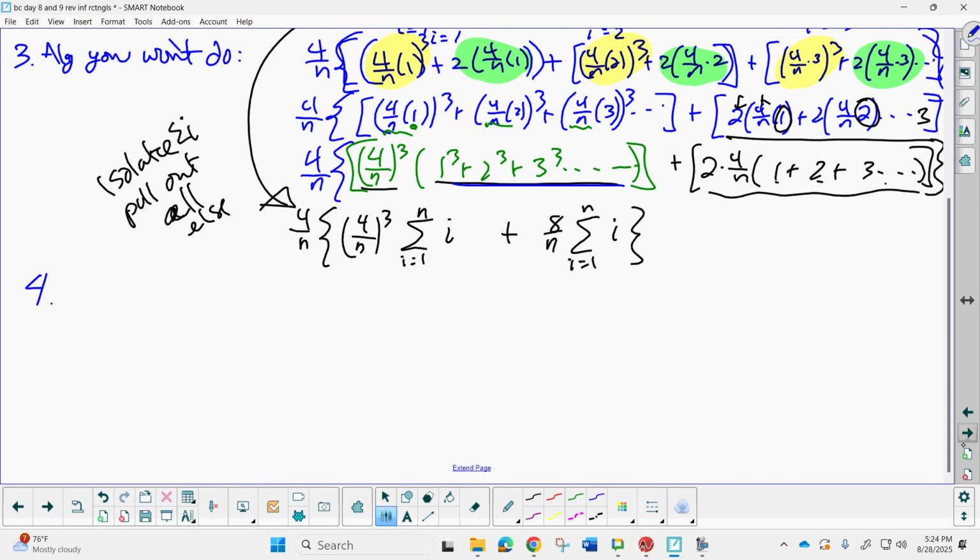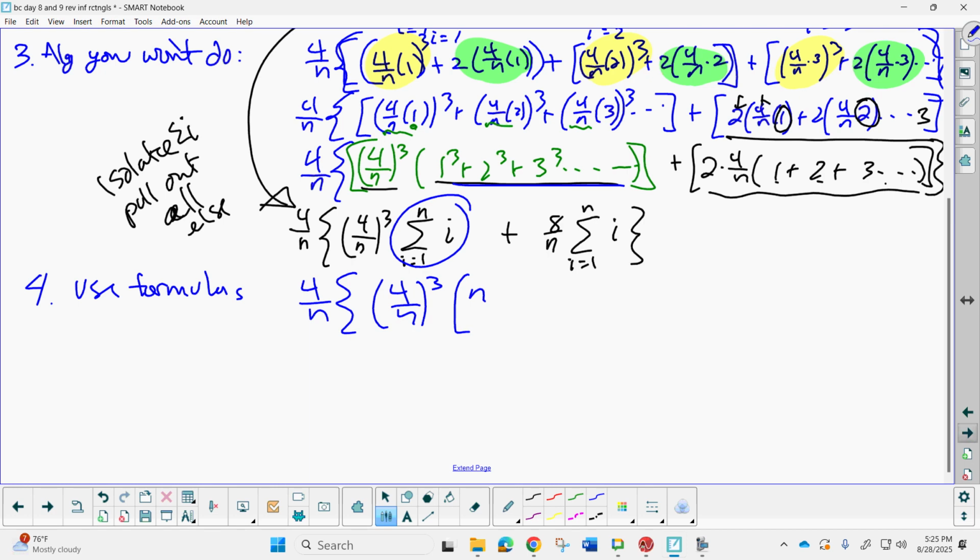The sum of cubes, if I use formulas, is n times n plus 1 over 2 all squared. And the sum of i's is n times n plus 1 over 2.